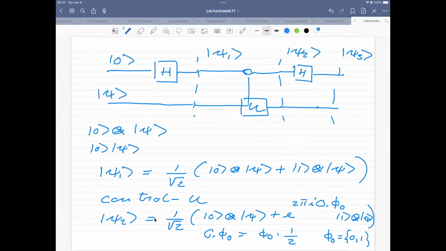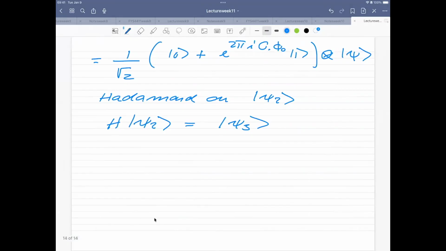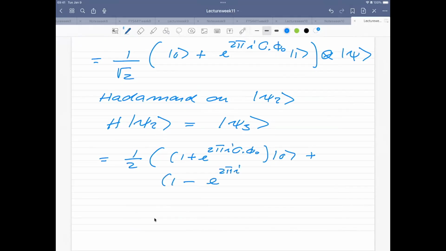Now, if I put everything together, this state psi 3 is actually going to look like 1/2 times, 1 plus e to the 2 pi i 0.phi 0, multiplied with 0, plus 1 minus, because I'm implementing the Hadamard operation, e to the 2 pi i 0.phi 0, multiplied with 1, and tensor product with psi.